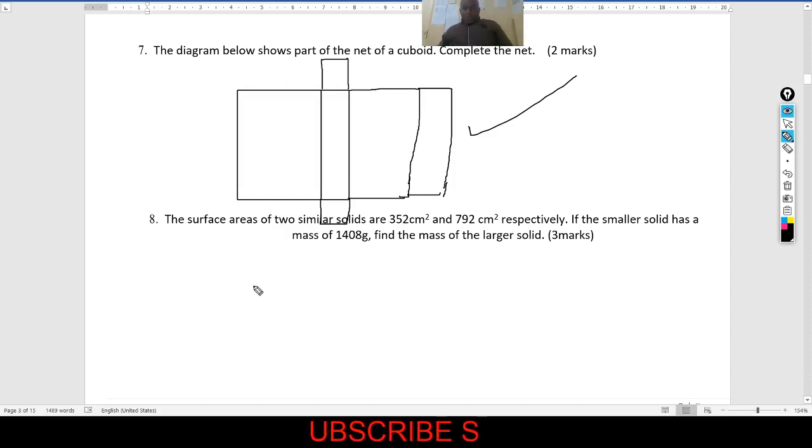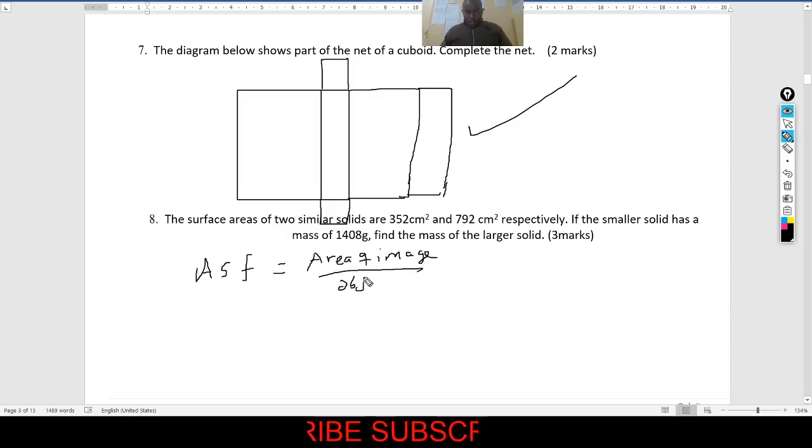Now what we do here, we know that area scale factor equals image area over object area.